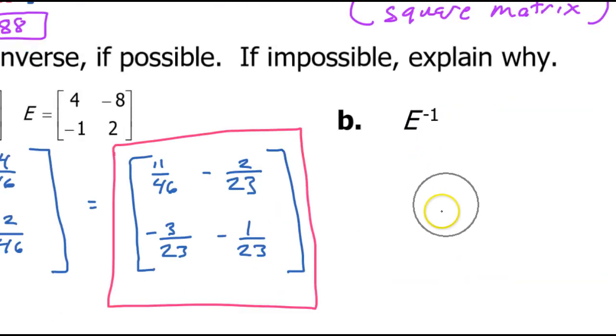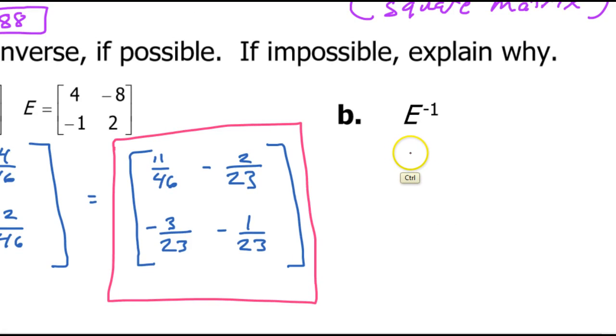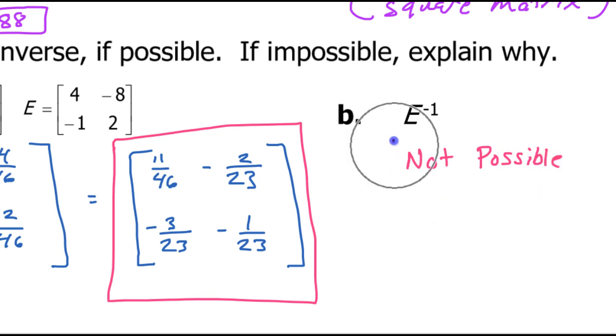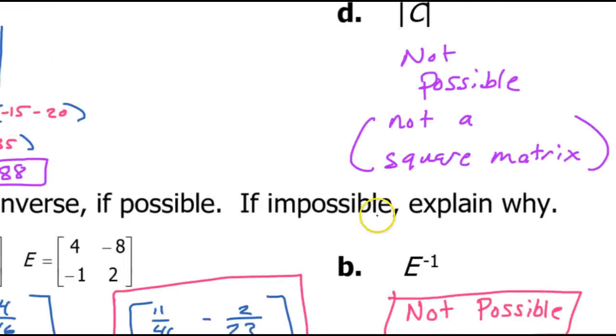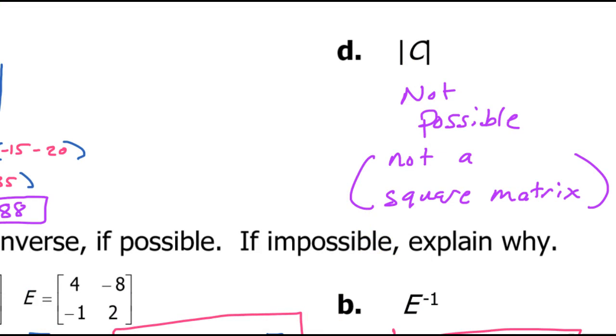All right, next we're supposed to find the inverse of matrix E, but this is going to turn out to be not possible because the determinant of matrix E is 0. Which we found on a previous problem.